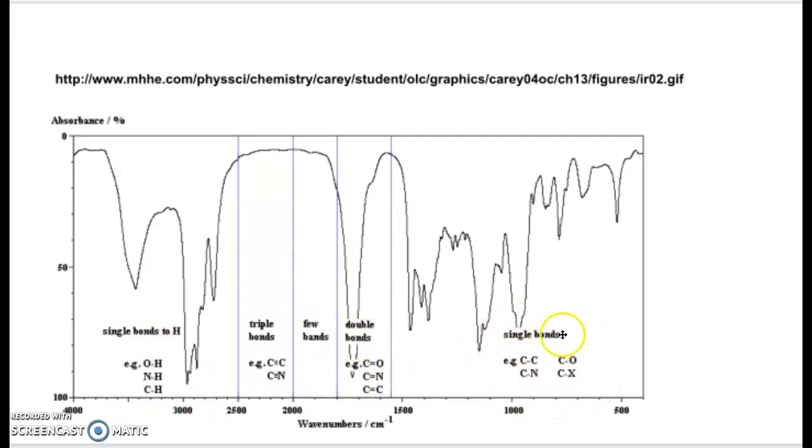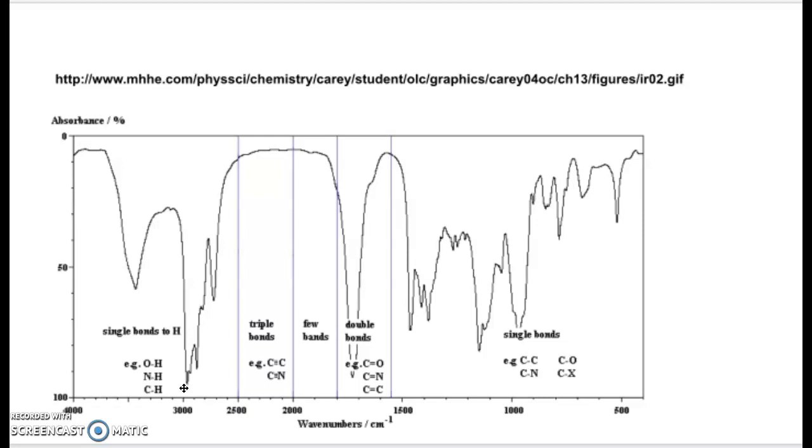But again, the single bonds are so many and so ubiquitous that it's really hard to get any information from them. Most of the time on the exam questions, it will actually label which ones you're supposed to identify so that you're not just looking at the entire graph and trying to pick out what's important.